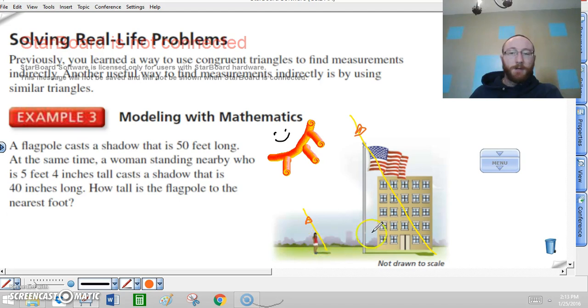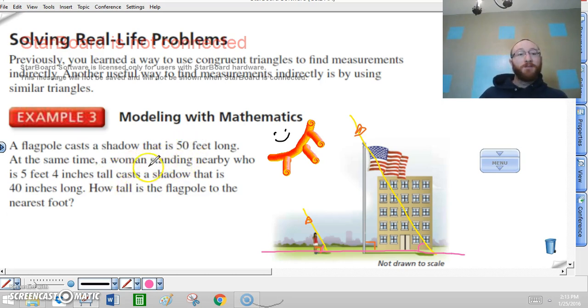And the girl's standing straight up and the flagpole straight up, so that they make a right angle with the ground. And then if we use the ground as a transversal of these parallel lines, then this angle in here and this angle in here are congruent due to corresponding angles. So since the triangles are similar, we can use proportions to set it up. So now we just need to work this out.